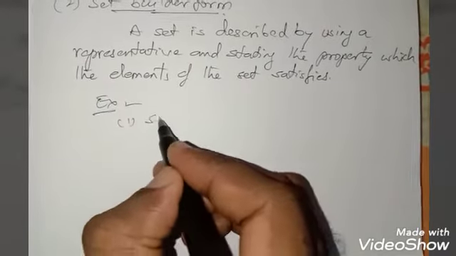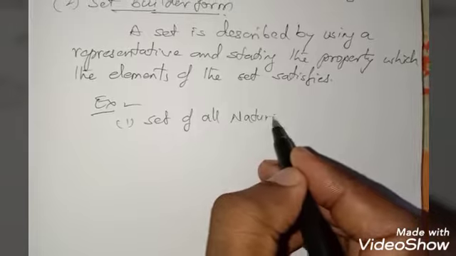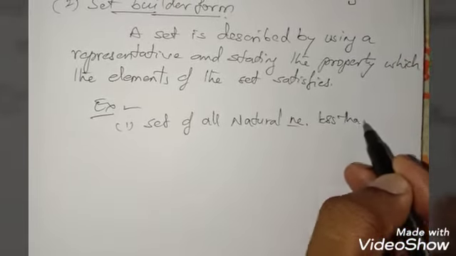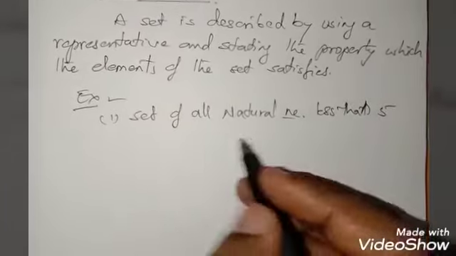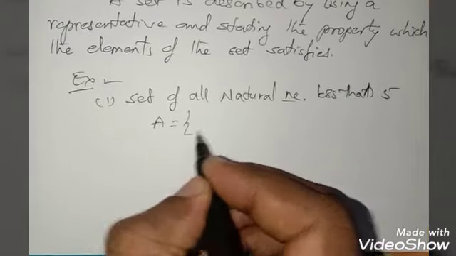First one, the set of all natural numbers less than 5. How to write this? We can represent this as A is equal to.